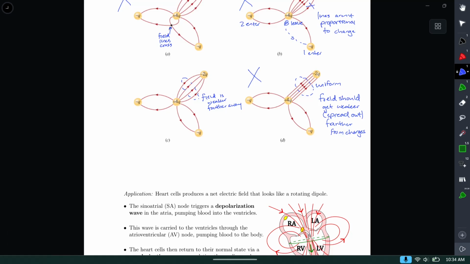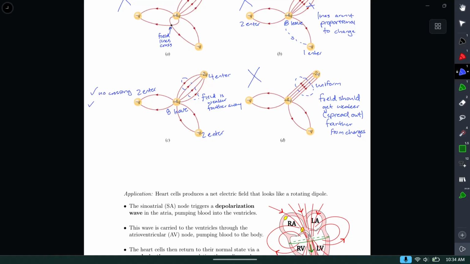C checks those boxes. We also see that 2 lines enter right here, 2 enter right here, 4 enter right here, and that's good. That's a total of 8 entering charges because 8 left. The lines are proportional to the amount of charge. So we've got no crossing.